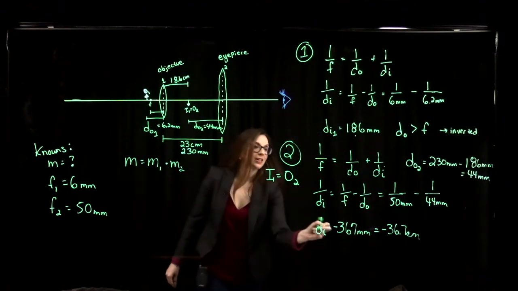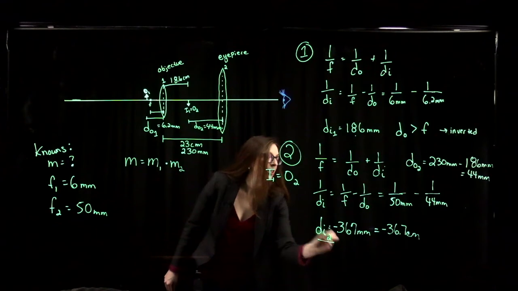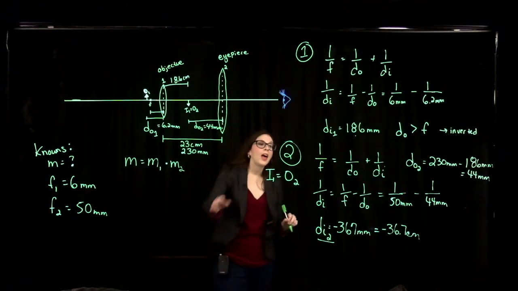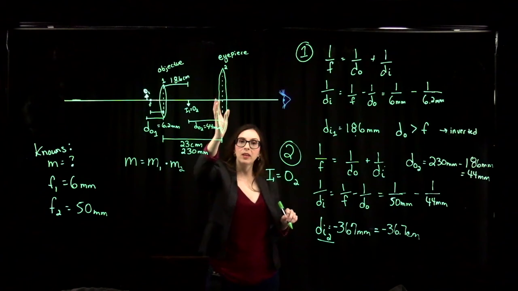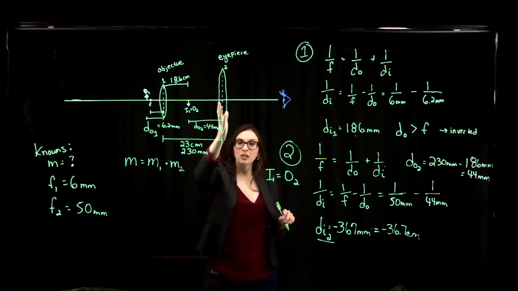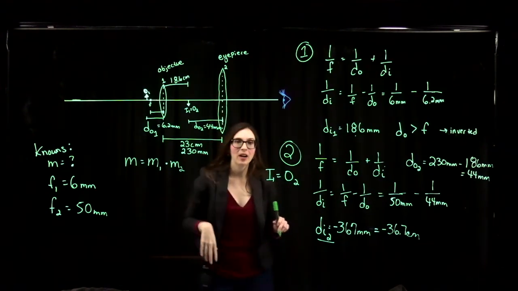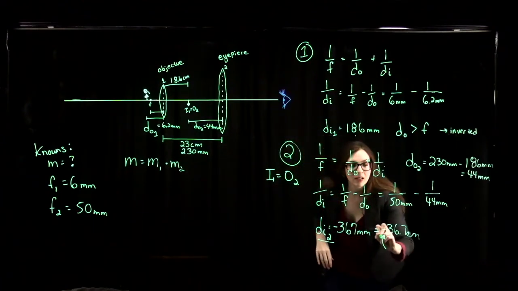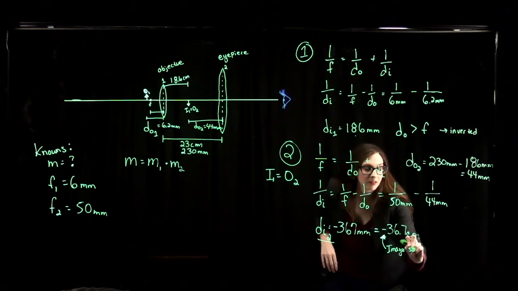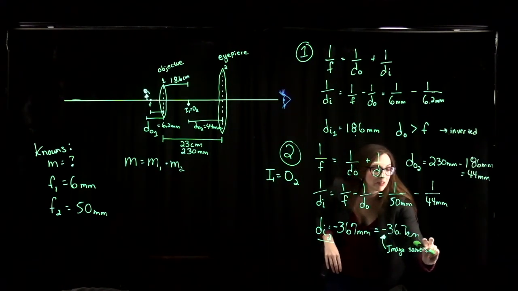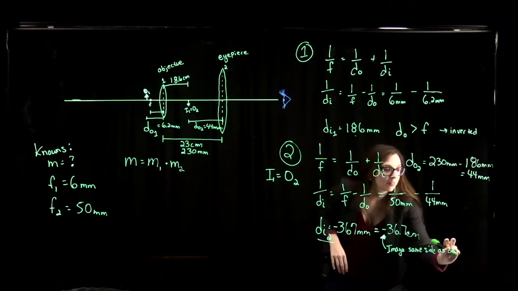Our final image is going to appear at 36.7 centimeters away from this eyepiece, and it's going to be on the same side of the lens as the object. So this minus sign means that the image is on the same side as the object for our thin lenses.